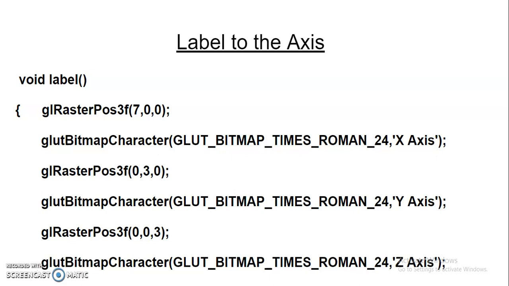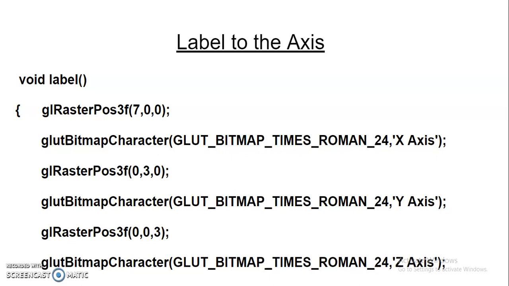Now after locating the text pointer, it is time to provide other details for labeling purpose. In other details, we have to provide font, size and label title. For that purpose, we will use the function glutBitmapCharacter.